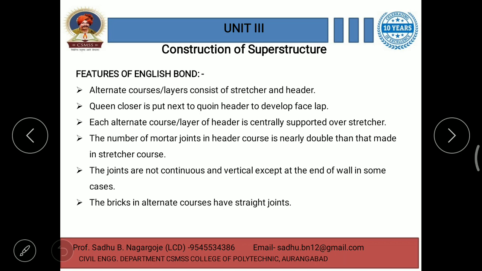At the end of wall, we can allow some vertical joint continuation, but at the middle, continuation of the vertical joints is not allowed. And the bricks in alternate courses have straight joints. Okay.